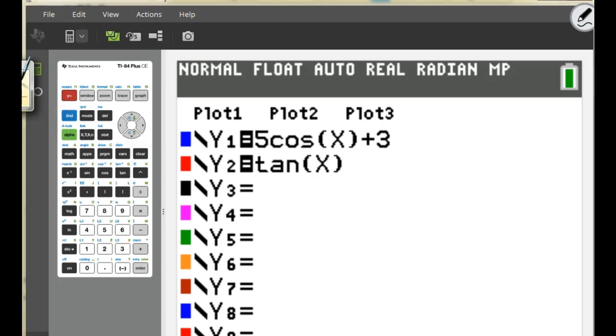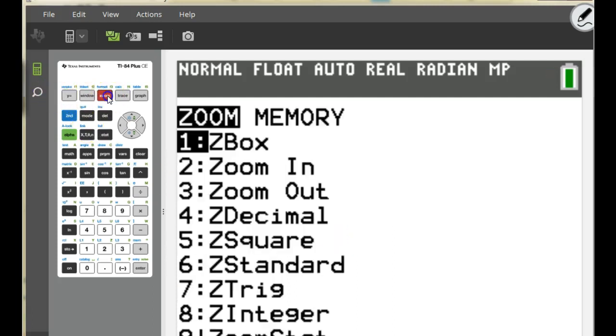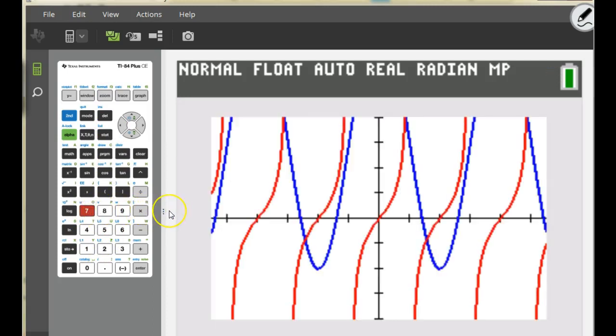I see like 2 people typing. If you start with a zoom trig, there's a lot of intersection points going on, right? But what were the directions?